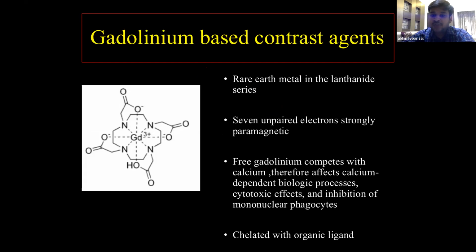But a drawback is that free gadolinium competes with calcium in the various calcium-dependent processes in the body, and so it causes cytotoxic effects, and it also inhibits mononuclear phagocytes, clotting, and nerve conduction. So to prevent this toxicity, gadolinium-based compounds are chelated with organic ligands before introduction. This prevents their dissociation to the free form and reduces their toxicity.